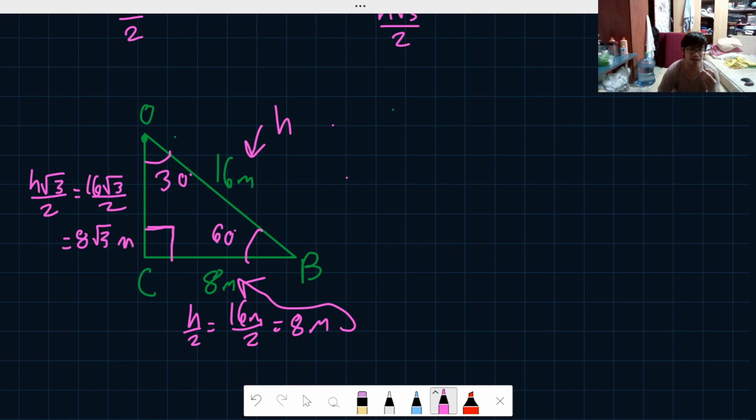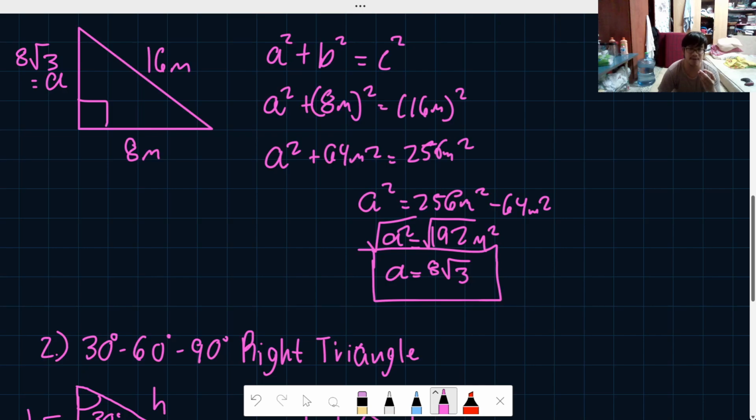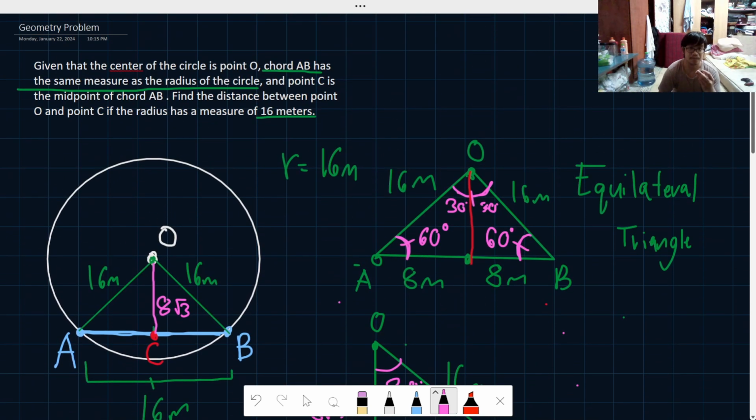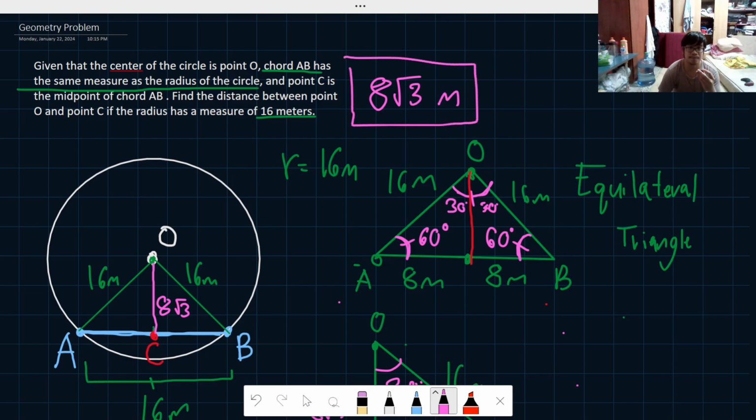So the answer for this problem is 8 square root of 3 meters, the same as with the Pythagorean theorem. And that's it.